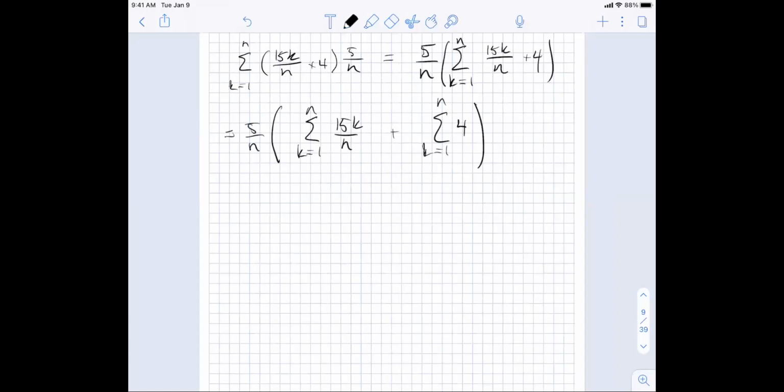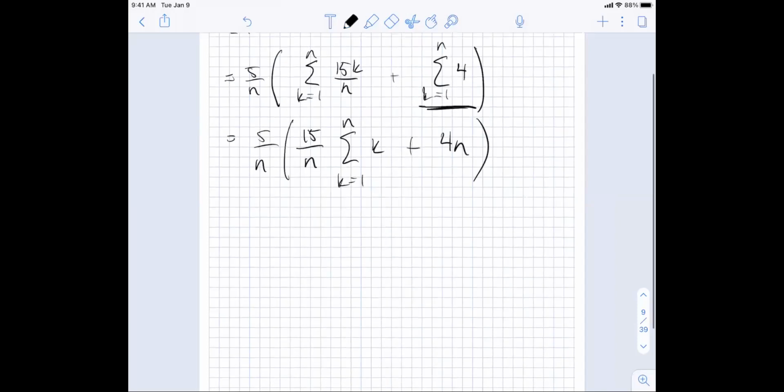This is then equal to 5 over n times, I'll pull the 15 over n out. n does not depend on k, so I can pull out 15 over n times the sum k equals 1 to n of k. And then plus, what's the sum of k equals 1 to n of 4? 4n. 4n, very good.